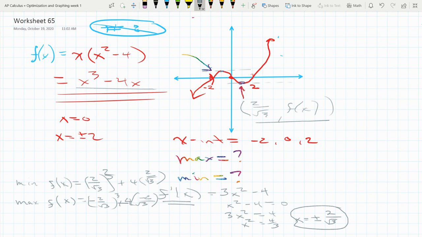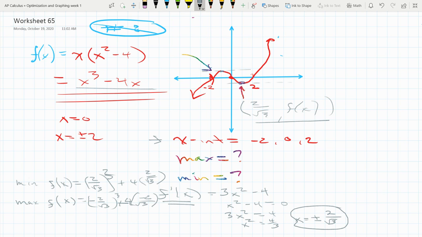So the whole idea of this first worksheet is to do a couple of things. Number one is to label your critical points, which are your x-intercepts.